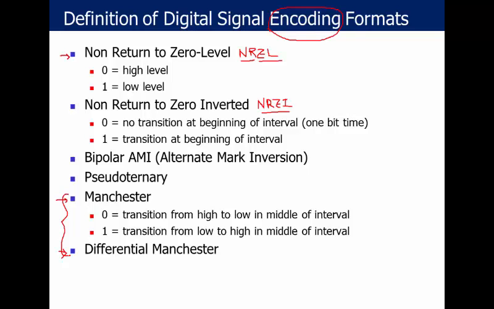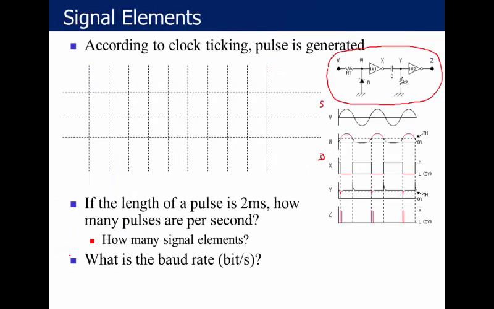Okay, so let's take a look at each one of those. To understand that, for example, in these signals, each tick, each pulse here is generated by a clock. This is a typical pulse generated by a clock. The clock is ticking. There's a clock speed. A clock can tick, for example, 2 billion times per second.